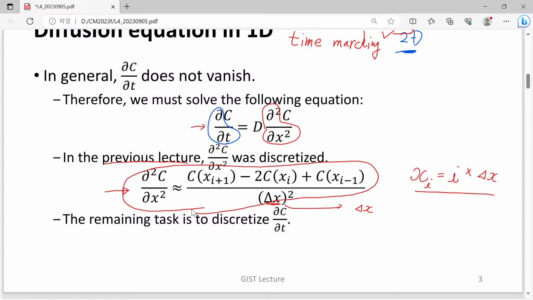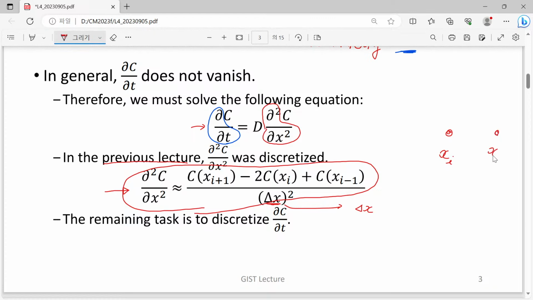So how did we get this form? First of all, we calculate first derivative terms. Here we have xi, and here we have xi plus 1 and another xi minus 1. They are all uniformly spaced. Then we calculate the first order derivative defined at this cross point and this cross point.